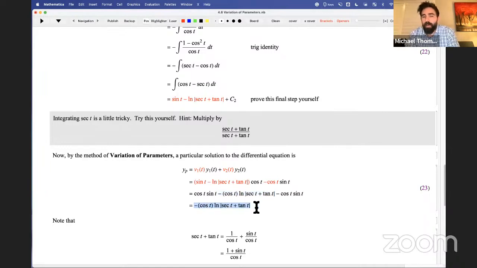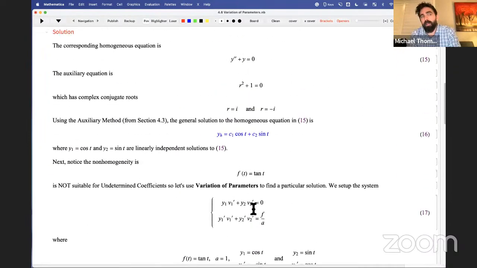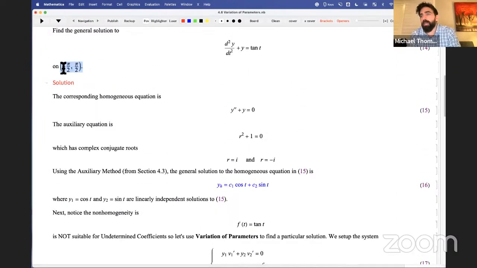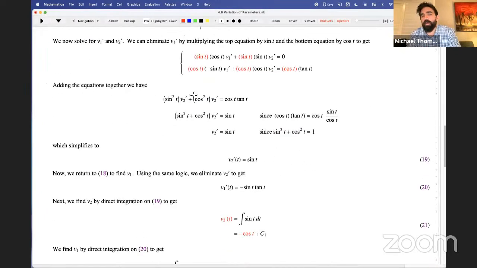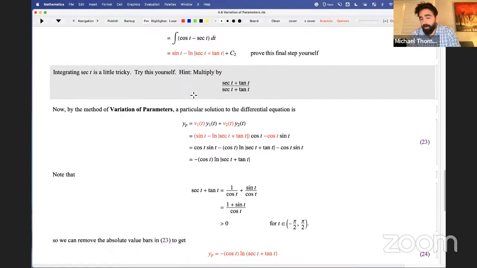And then, you know, it sure would be nice if we could get rid of those absolute values. Well, look, we're on the interval negative pi over 2 to pi over 2. Okay, so it turns out we can remove the absolute value bars.